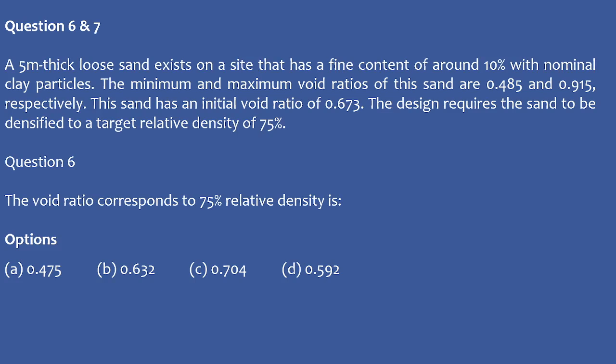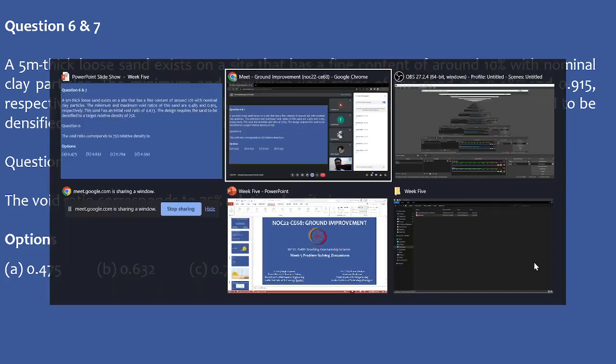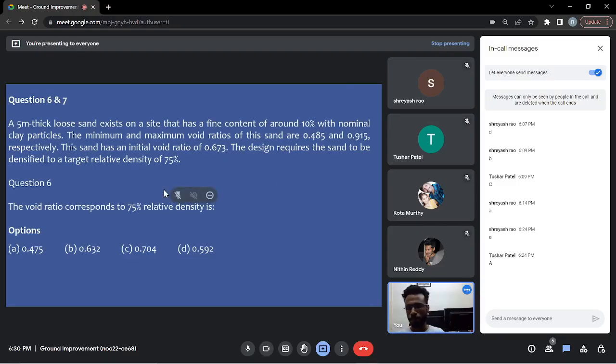So the void ratio corresponding to 75% relative density is, so here are 4 options. This is the design problem for vibro compaction: maximum and minimum void ratio are given, the void ratio before compaction is given, and we need to achieve a relative density of 75%. Just calculate question number 6.